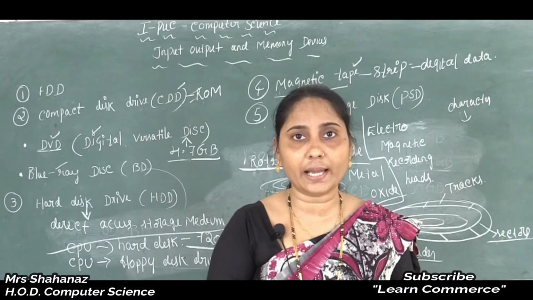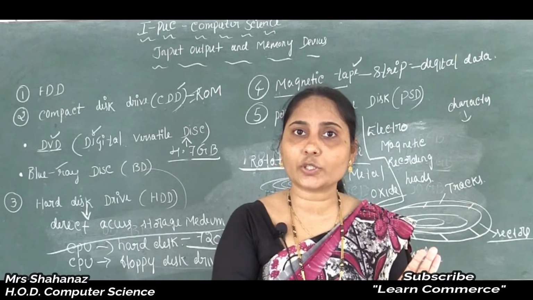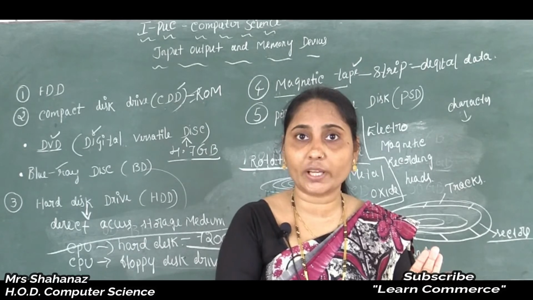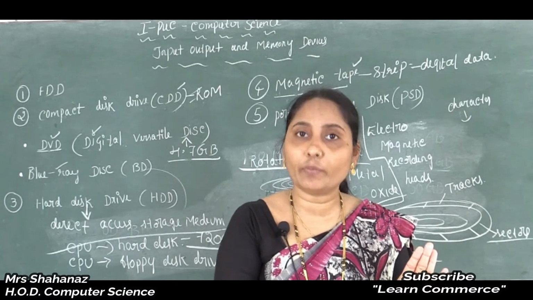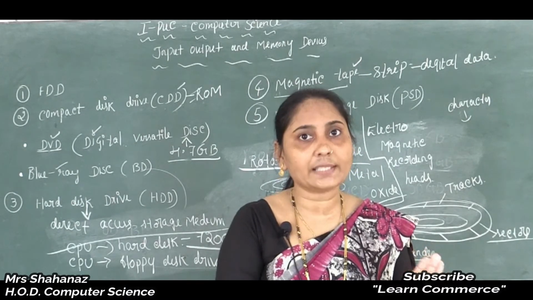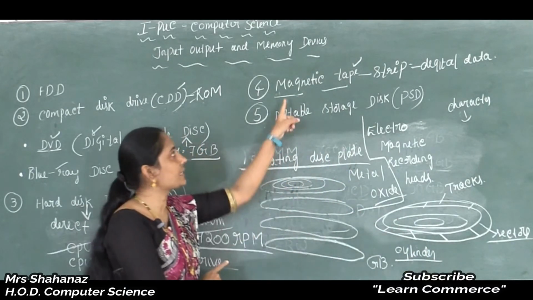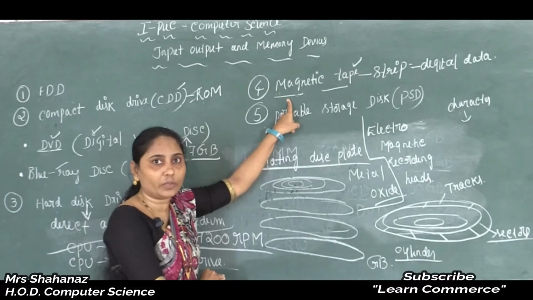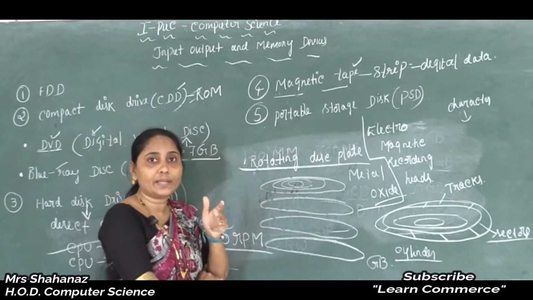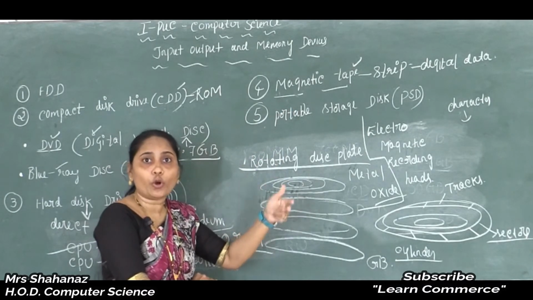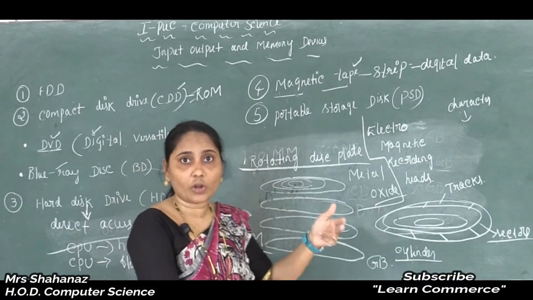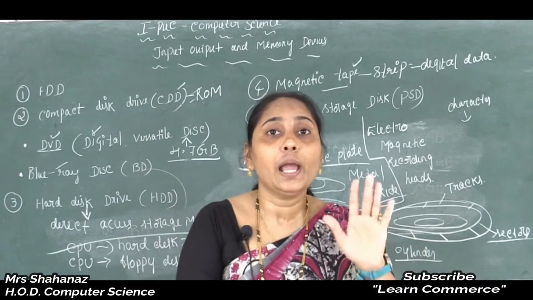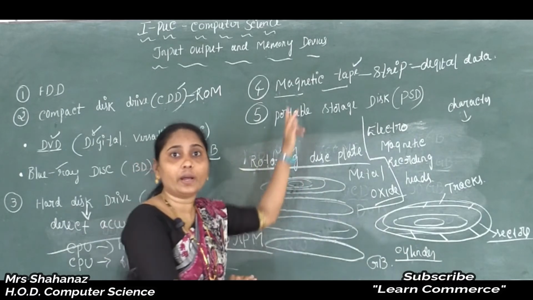So the magnetic tape is also a secondary storage device, an external device of the computer. One very good example is our audio cassette, correct? In an audio cassette, whatever song you want to hear, you need to go one by one, one after another. We can't select any song from the middle in our audio cassette.